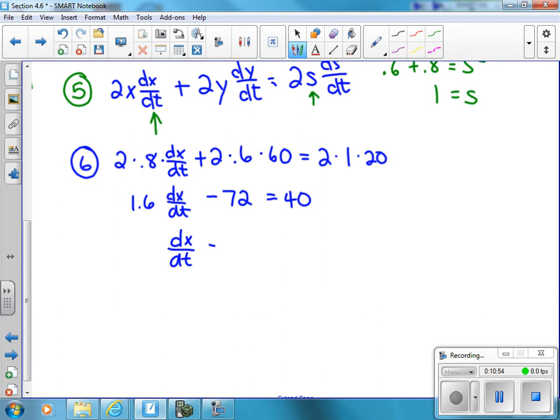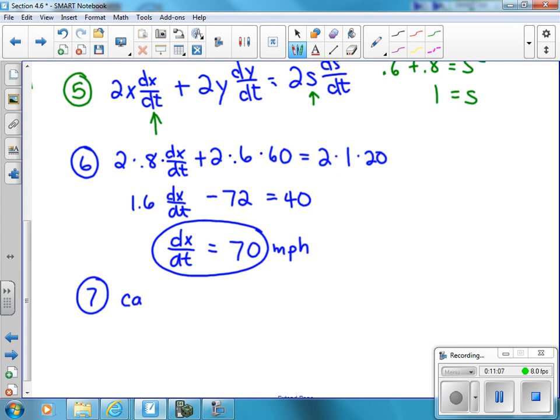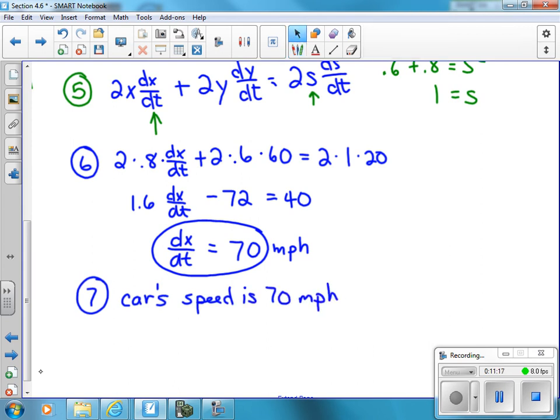I think I did my math right. dx/dt equals 70. I believe that's what we should get, mph. And so 7, we evaluate: the car's running away speed is 70 miles per hour. That's evaluating, just recapping what you got. Make sure 70 miles an hour makes sense.